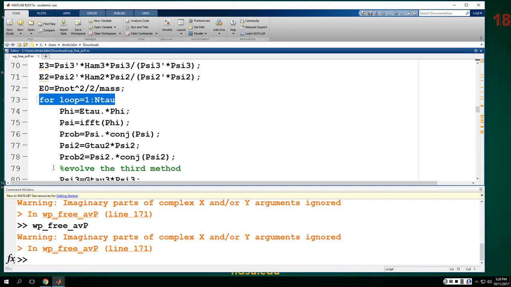Here will be the wave function at the near future. Tau will be our increment of time, delta t equals tau.